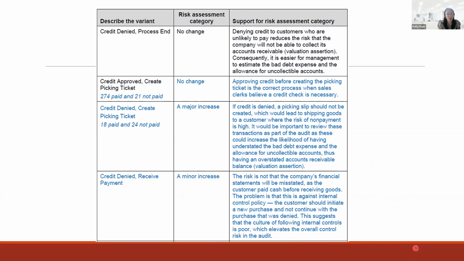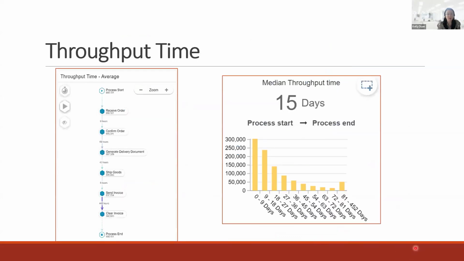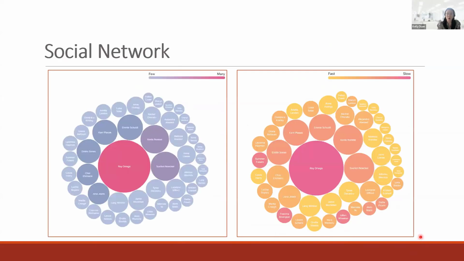As I mentioned before, besides checking the sequence of the transactions and number of cases, we can also check the throughput time to identify where the bottlenecks are. And you can also perform social network analysis to check whether the company has any segregation of duty issues. You can visually see that one particular employee is involved in the majority of the activities and has interactions with many other users within the organization.